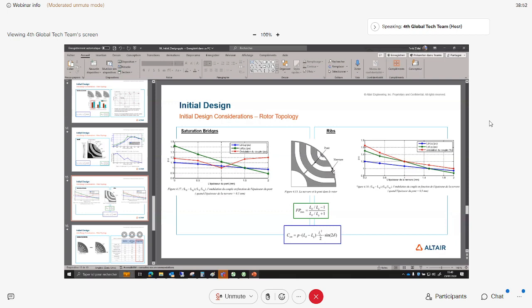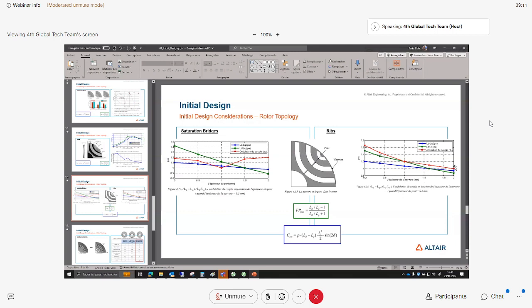We have here the ribs, right? So as well, the width of these ribs will have an impact on the ondulation, the torque ripple, and the power factor, as well as the torque itself.